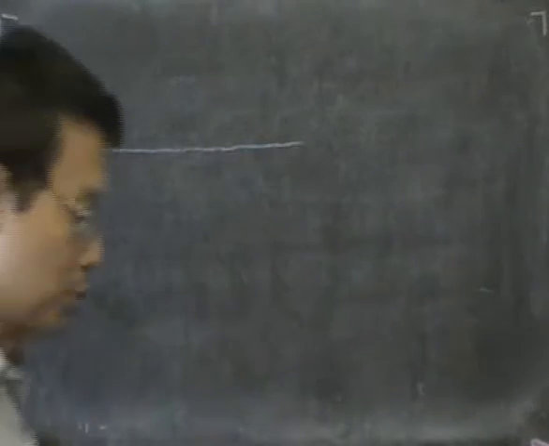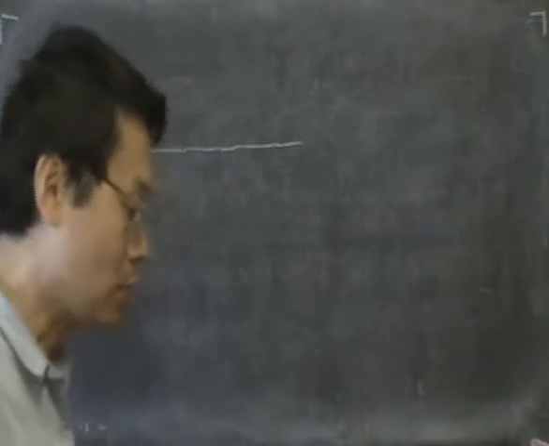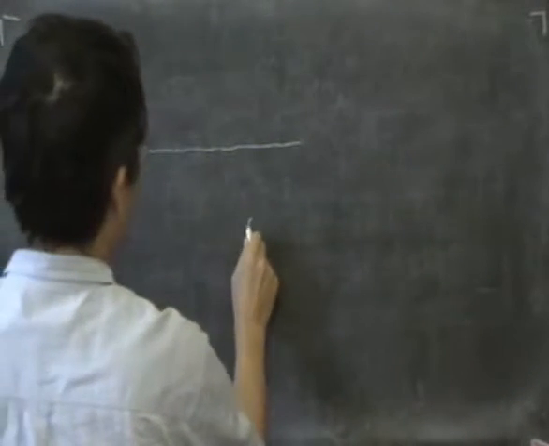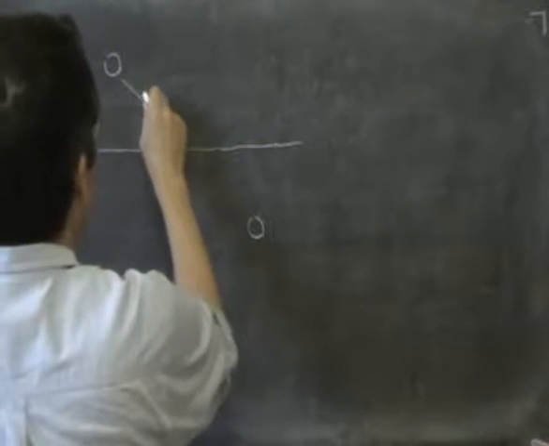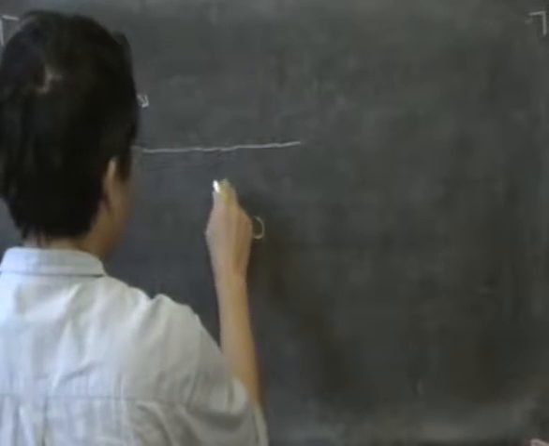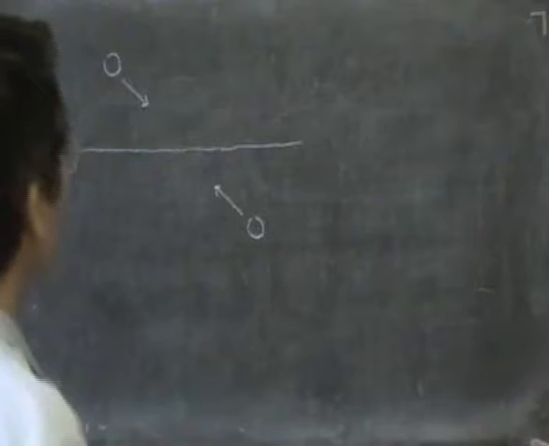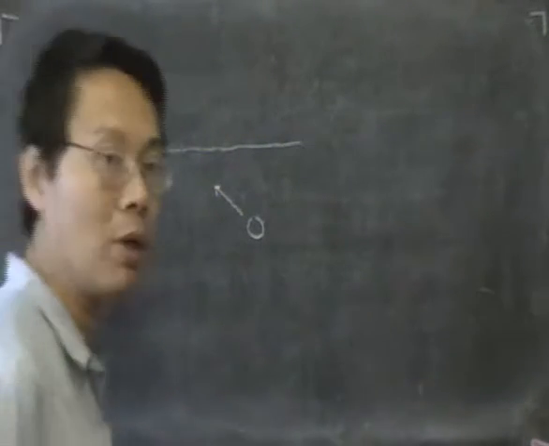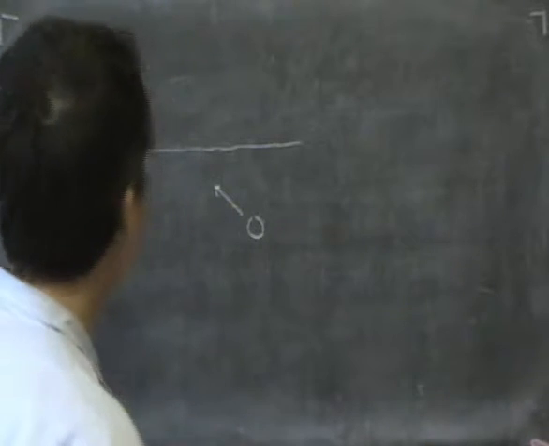Now that's just an imaginary line. Let's start by thinking of two colliding bodies. I have one ball here and one ball there, and they come to each other. These are perfectly elastic balls. When they collide, they bounce off without any loss of kinetic energy.